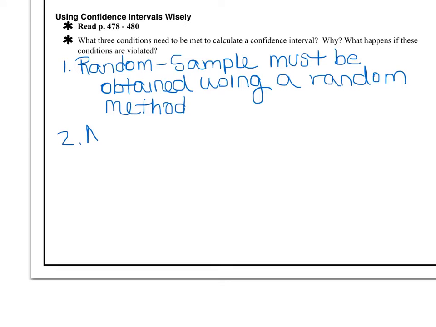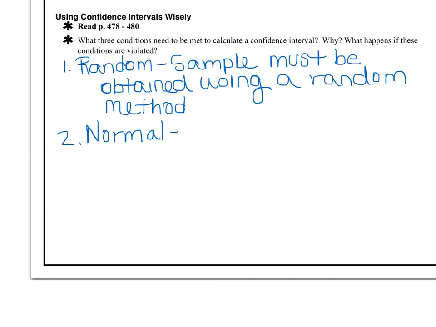Secondly, it must be normal. And before I go on, let me say why it must be random. If it's not random, if our sample's not taken in a random manner, then our data could be biased. And if our data is biased, then we have no foundation for saying that our results are true or that they would reflect accurately upon the population.